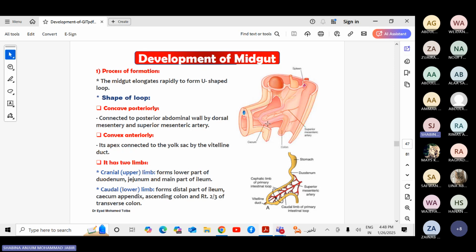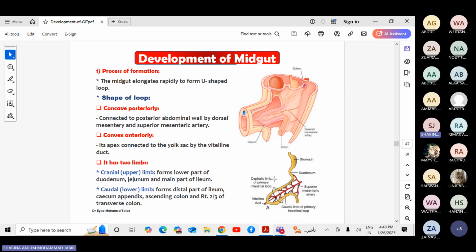So how can you remember? Can you see this is the caudal limb? Here there is development of some swelling, okay, which is called the cecal swelling. You can see here also there is a cecal swelling, and this is the superior mesenteric artery, and there will be some rotation, because if you have studied the relations of the duodenum, the colon, the superior mesenteric artery, and the pancreas, you will find something which has been rotated.